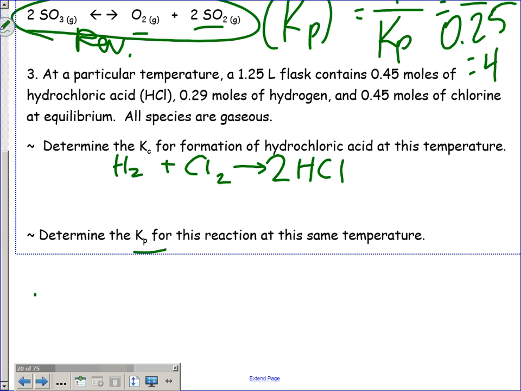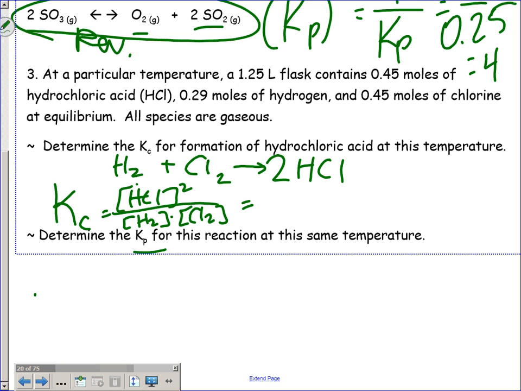So we're forming HCl from its elements. Everything's gaseous. Let's do my expression first. What's my Kc expression? Concentration of HCl squared over H2 times Cl2.